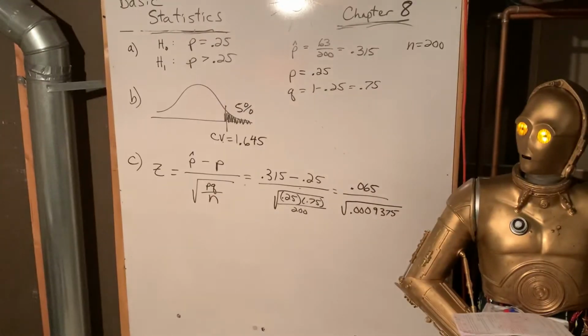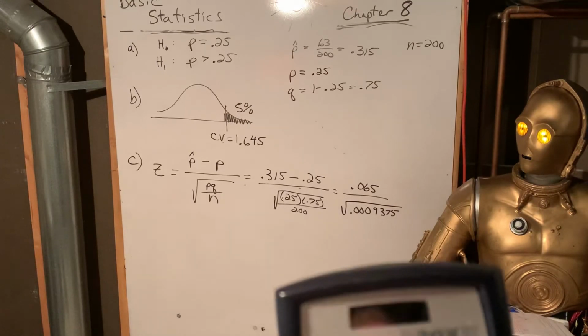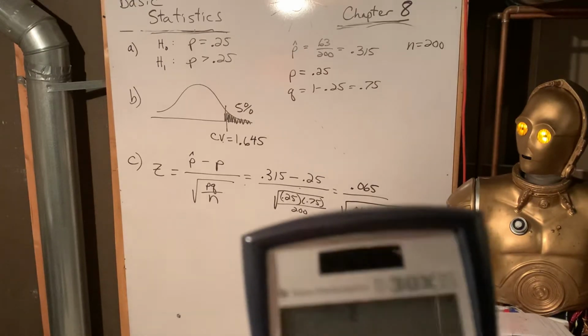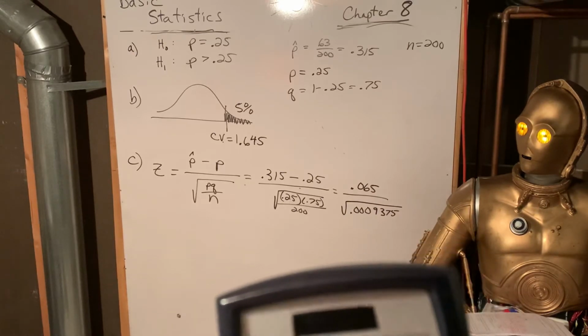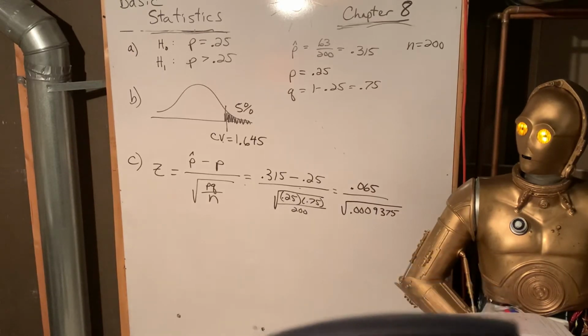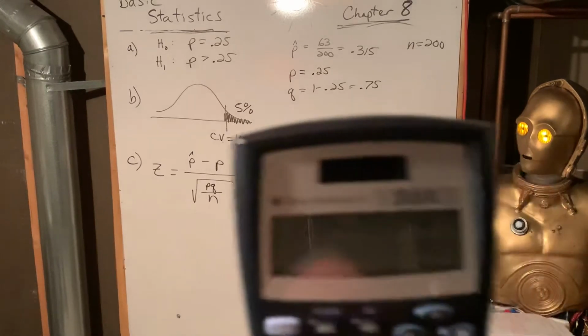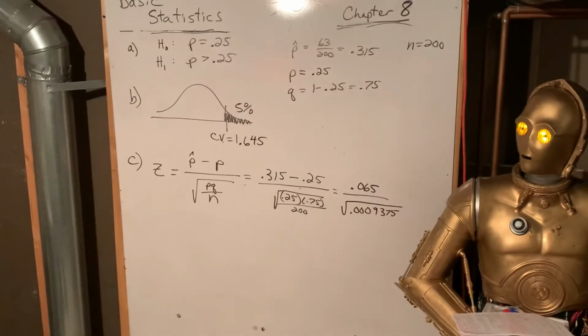Let me do a more extreme one. Let's go 0.25 times 0.75 divided by 1,000. That isn't going to do it either. Divided by 100,000. Okay, I went a little extreme there.